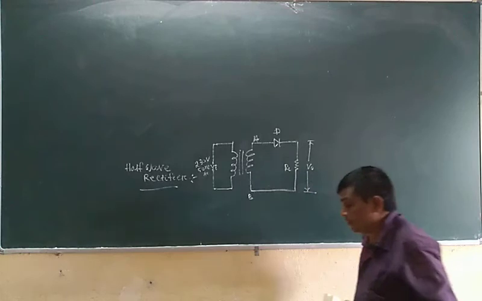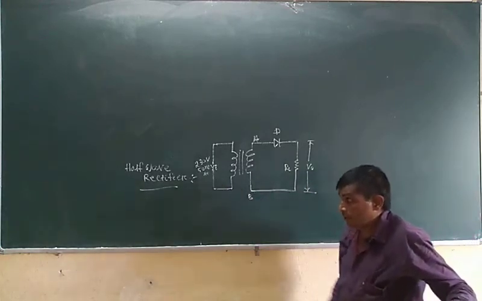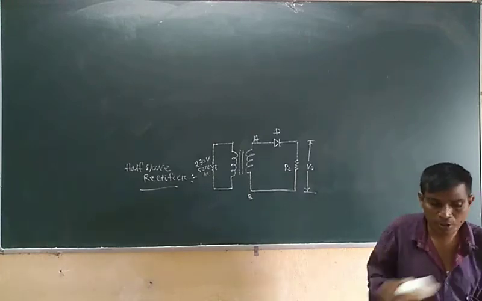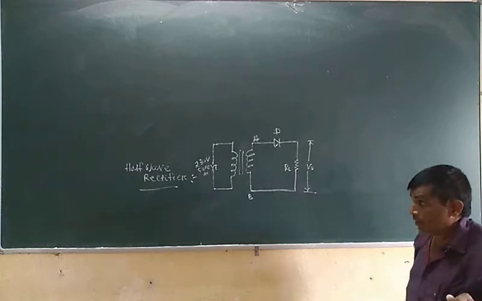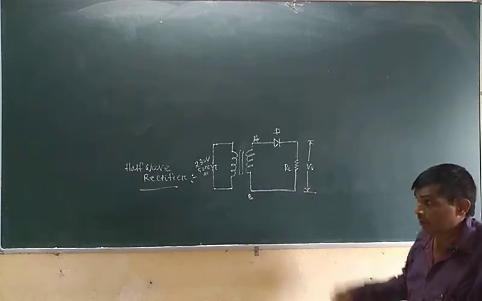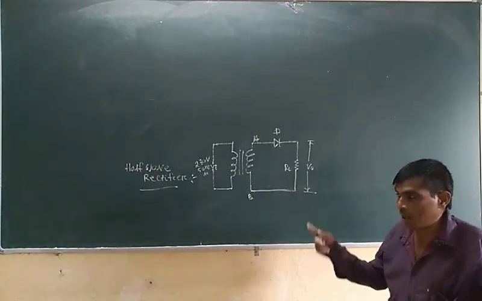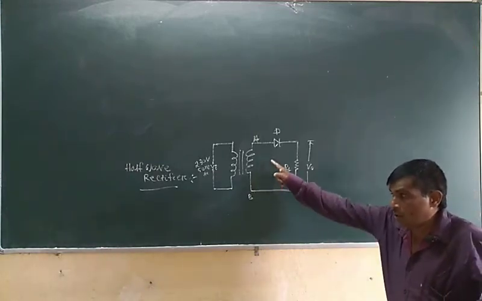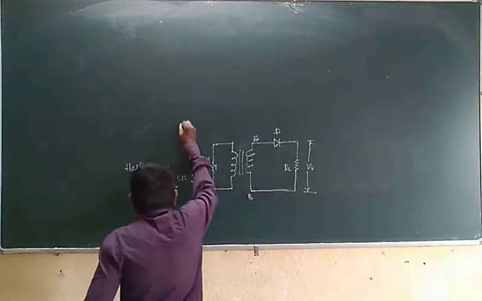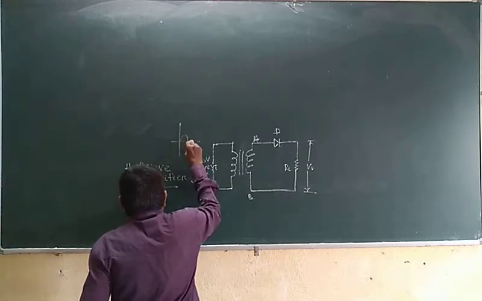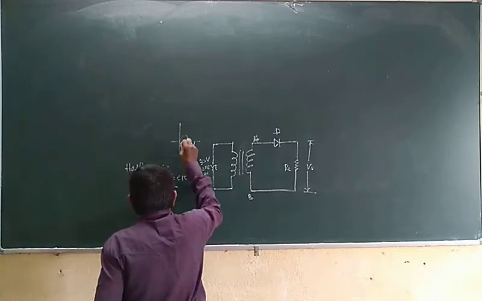In this circuit, when we apply the input voltage, that is the AC input of 230 volt 50 hertz, which is the supply voltage in our domestic supply, to the input side of the transformer, the transformer transfers the input signal to the output side. This is the input AC signal.